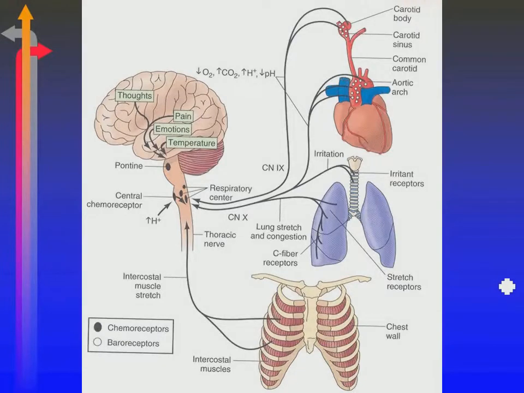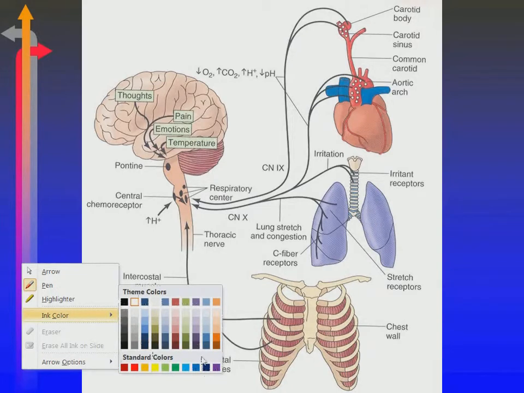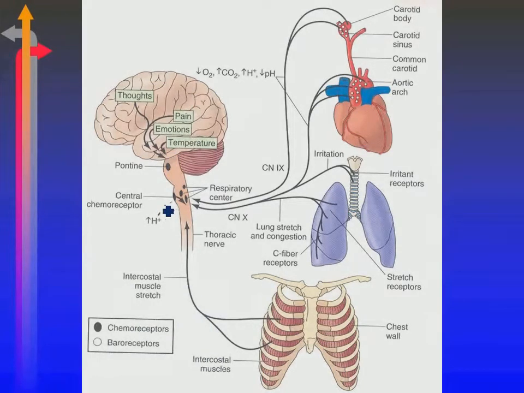But this kind of puts together all the different reflexes that you have. We start off with our respiratory centers and the central chemoreceptors inside the medulla oblongata. That's what causes the impulse to start, so it goes to the diaphragm to begin contracting. The pons regulates that.